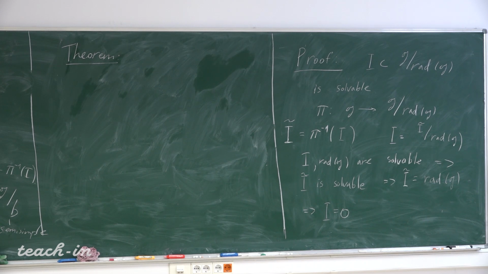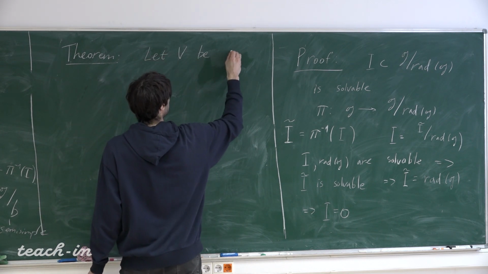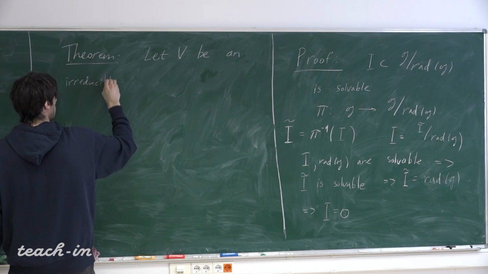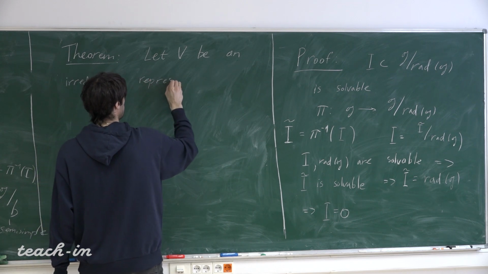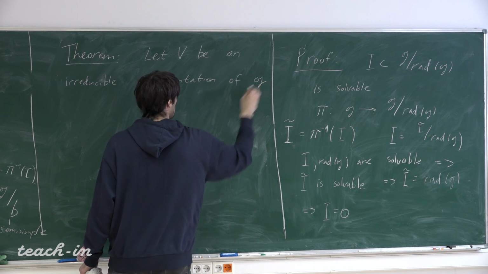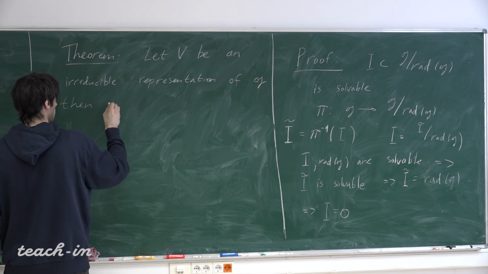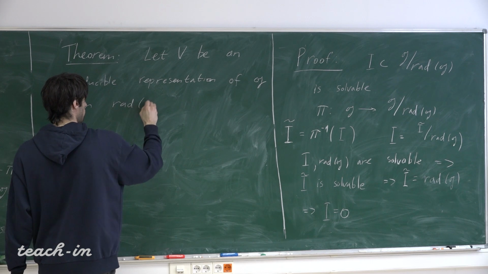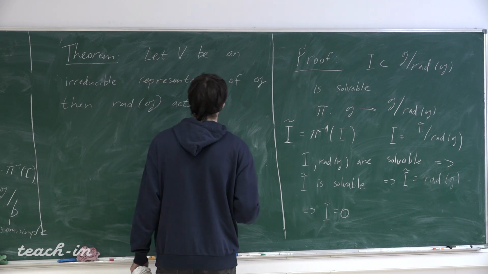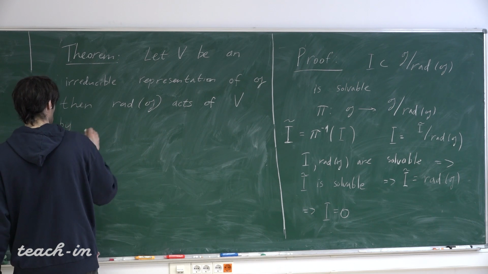So let V be an irreducible representation of G. Then the radical of G acts on V by scalar matrices.